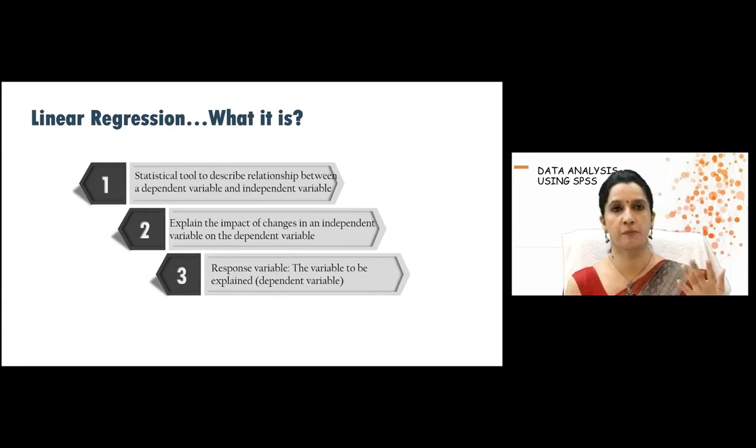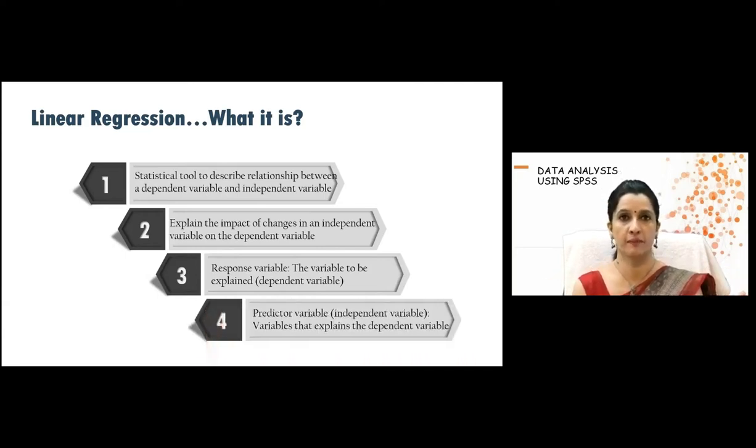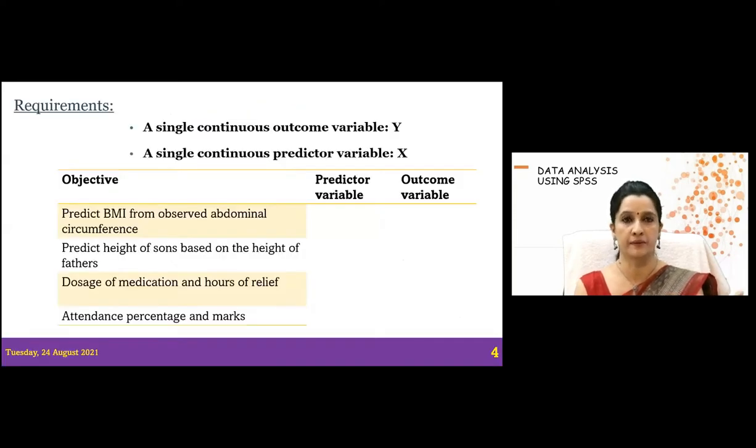So it explains the change in the response variable and predicts how much a change in the independent variable leads to a change in the dependent variable. Now you can see there are two requirements: we need one continuous outcome variable, that is y, and one continuous predictor variable, that is x.